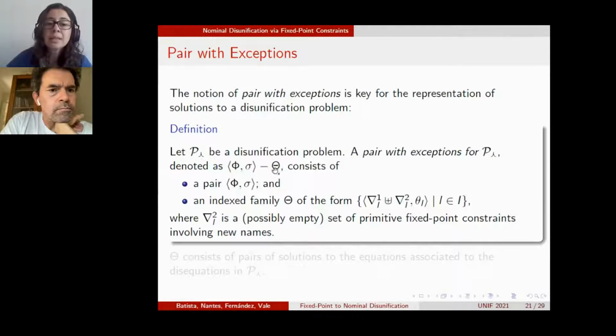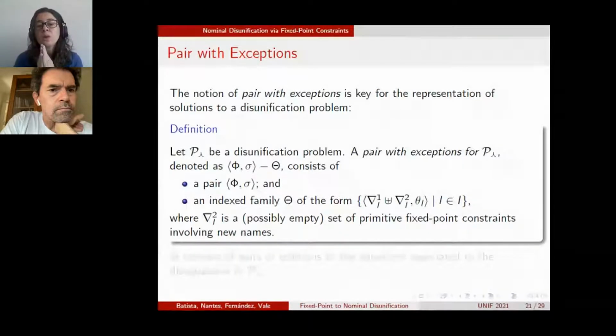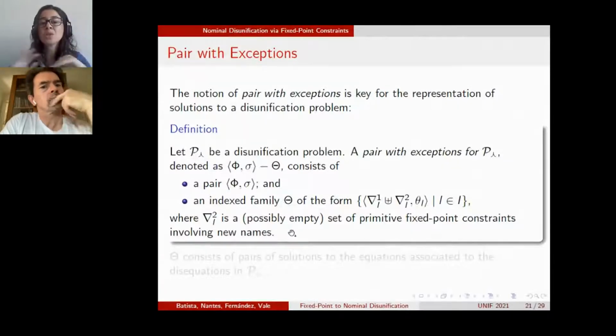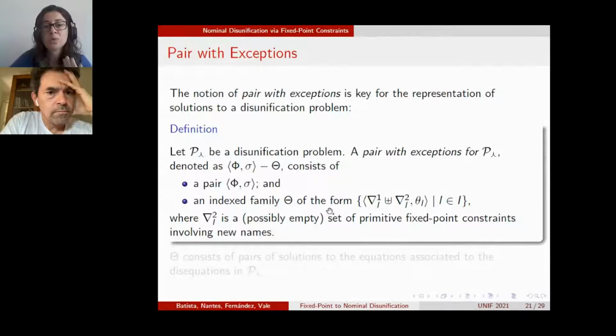Basically, this theta is going to be the solutions of the equations that are associated to the disequations. The theta are the solutions that I don't want, okay? These solutions would make these disequations false, so I remove them. Those are the exceptions.